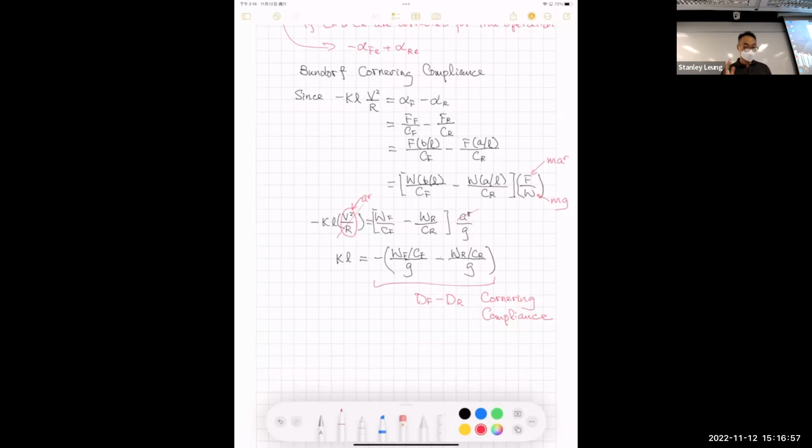So this term actually is just how many degrees per G. I mean, how much angle per G.